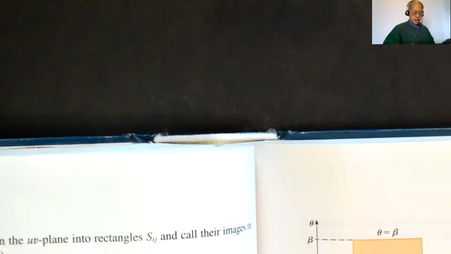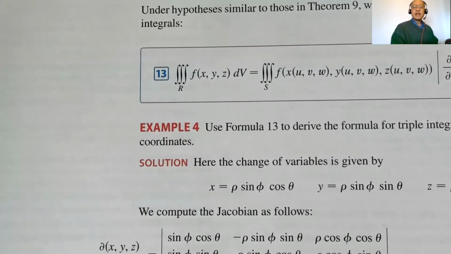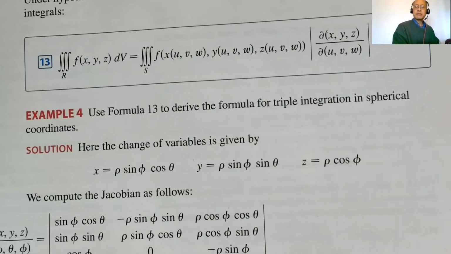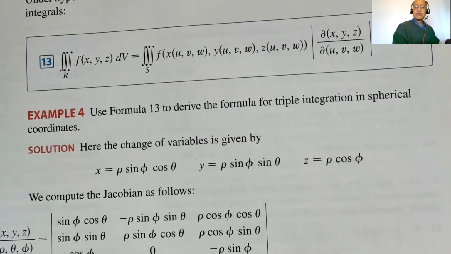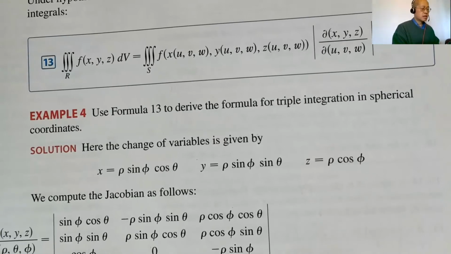And the three-dimensional flavor, page 1059. dV, so x, y, z, they switch it to u, v, w. Again, you multiply it by the absolute value of the Jacobian, the partial of x, y, z with respect to u, v, w.